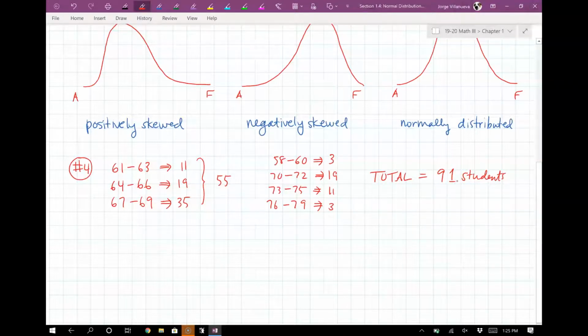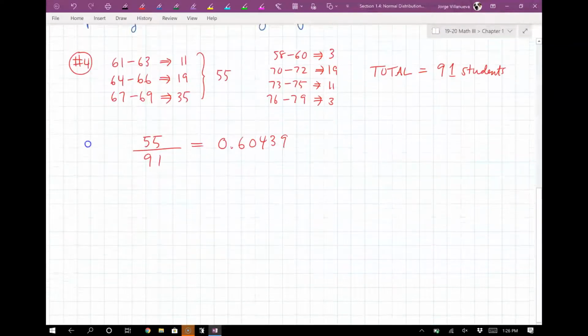So if there's a total of 91 students and 55 of them are within that range, then to figure out the percentage, I'm just going to divide. 55 divided by 91. And I get this answer, 0.60439, etc. What's the approximate percentage for that? You're going to round it to the nearest tenth after you figure out the percentage. What's our percentage for that?